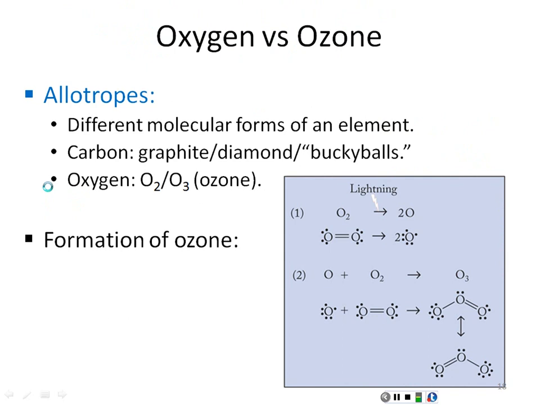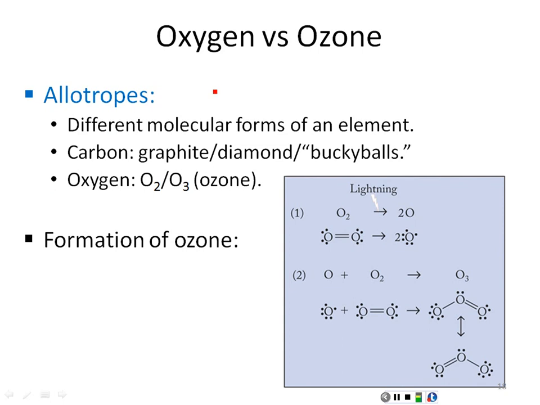A term I want to bring up now is allotropes. And a good example of allotropes is oxygen and ozone. So this is different molecular forms of an element.